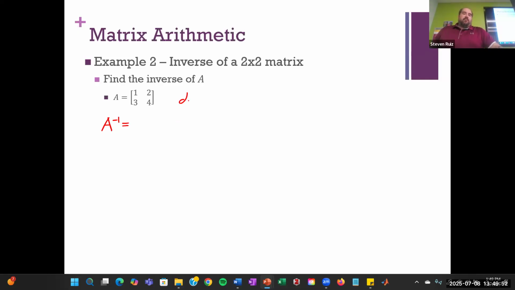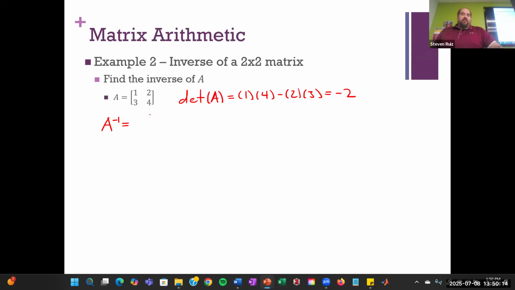Right. So the determinant will tell us if we can even finish this. The determinant in this case is what? Okay, so 4 minus 6, -2. We're good. We have an inverse.